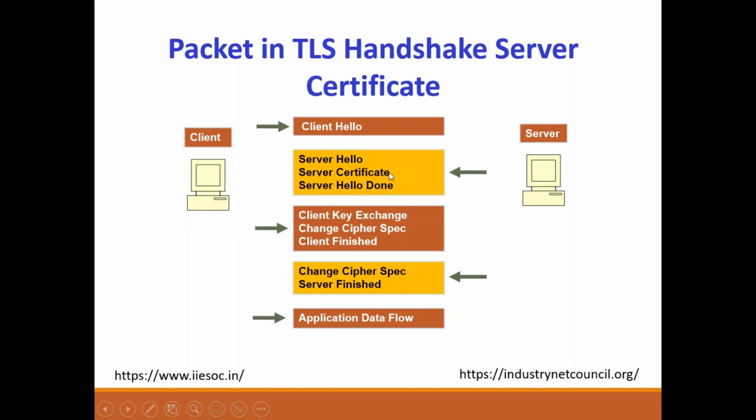And if the client accepts the certificate and the other parameters, then it will start doing a client key exchange and send these two packets. The change cipher spec and client finished may be sent encrypted, and the server will send its own also, and then data flow can start. If you see data flow starting, you can be sure that the handshake has completed properly.